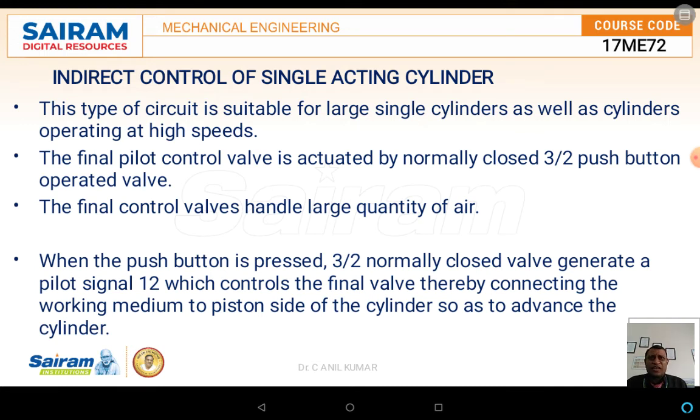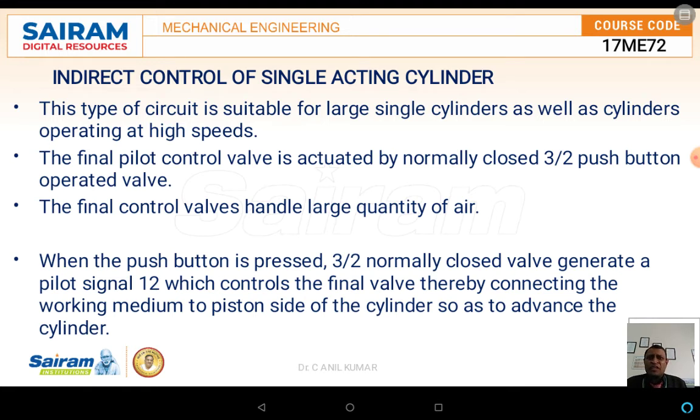In this type of cylinder, a suitable single acting cylinder will be there, which is operating at high speed. Now here, especially in the case of the single acting cylinder, what we are using is nothing but a 3x2 valve, a 3x2 push button, or it may be a push button operated valve. Now the final control of the valve is handling a huge quantity of air.